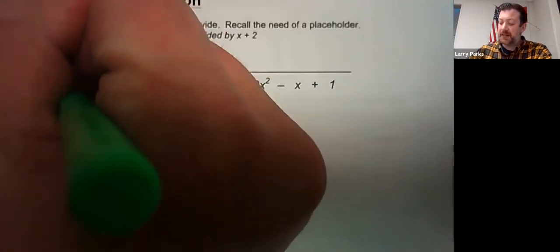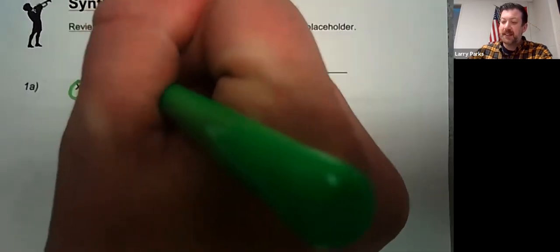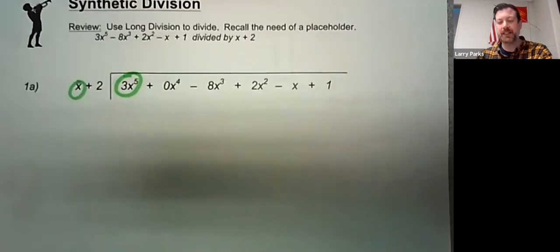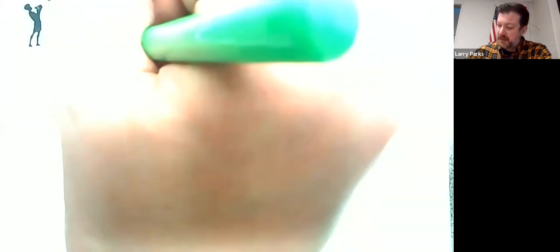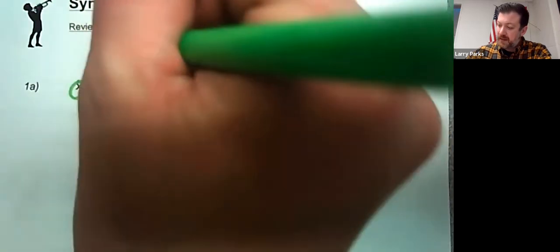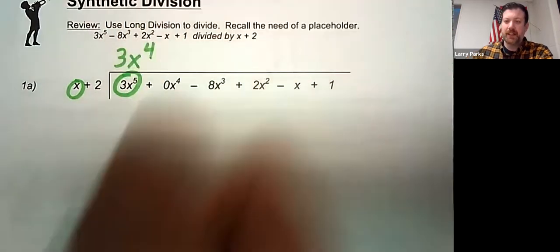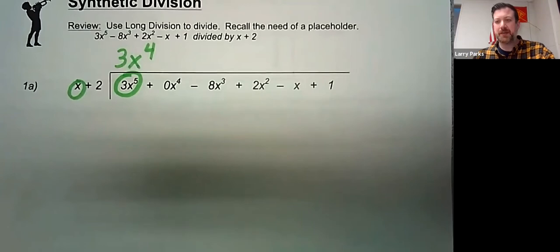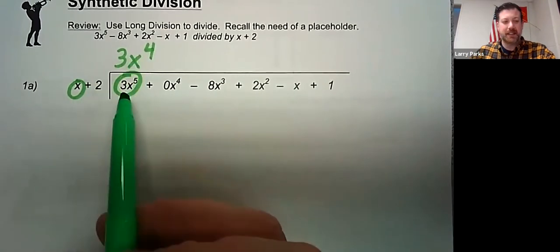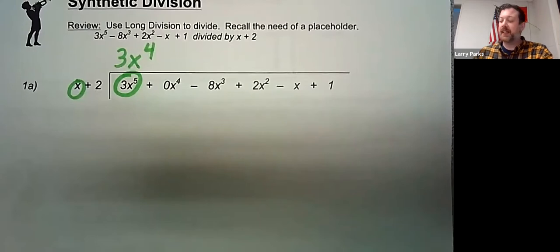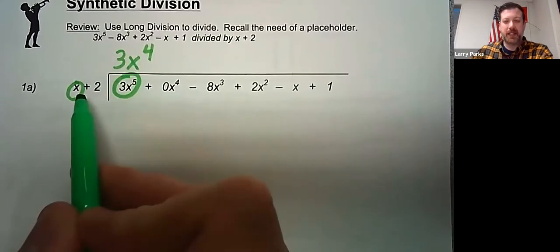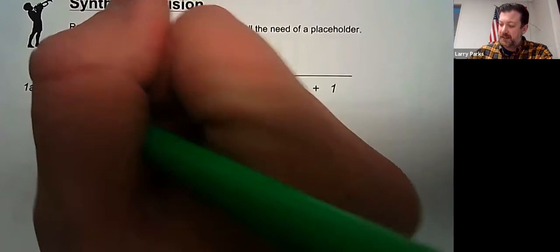You start off, you say x times what is 3x to the 5th, and you'd say 3x to the 4th. I always double check, especially when I'm on video, because it's so easy to make mistakes. Yes, that works. Then I take 3x to the 4th times x, I get 3x to the 5th.